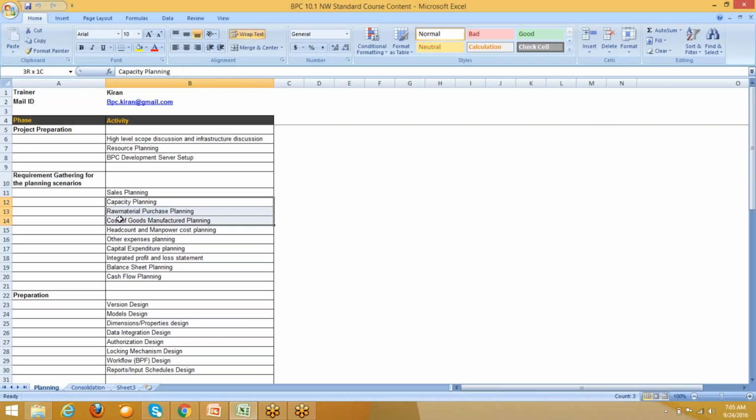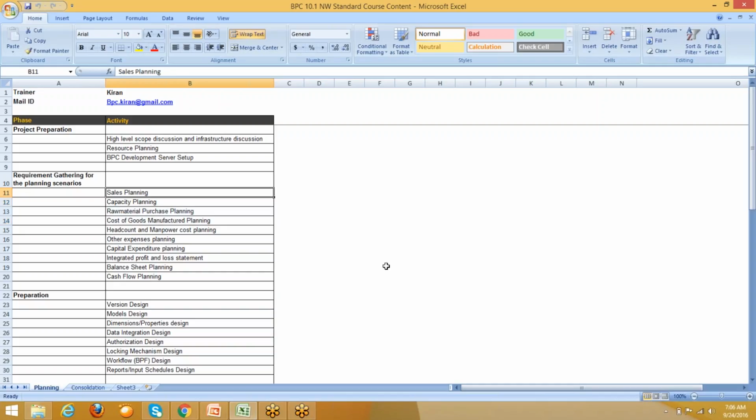These three will be there if that is a manufacturing industry or pharma industry kind of stuff. If that is a service industry, these three planning scenarios will not be there. So you have to list out which planning scenarios they want to implement based on their business.